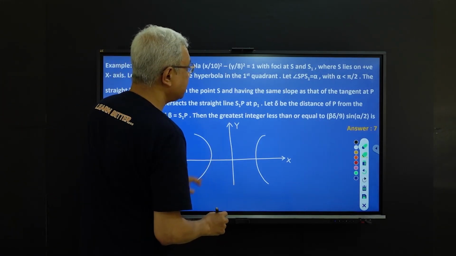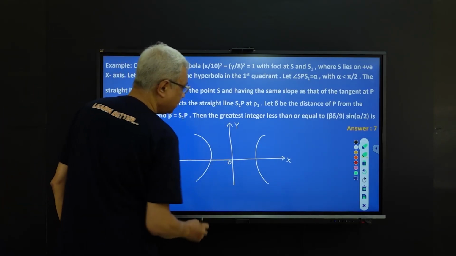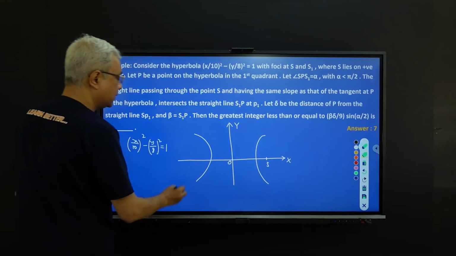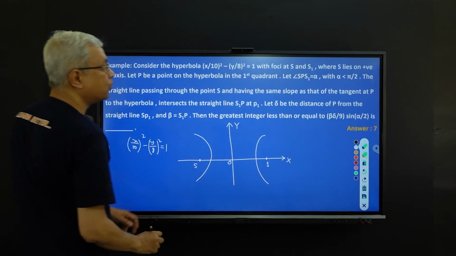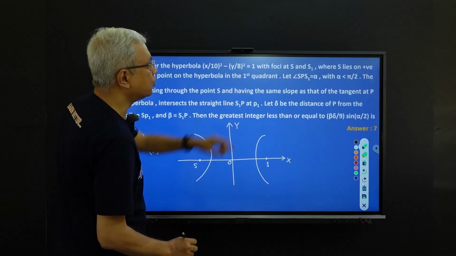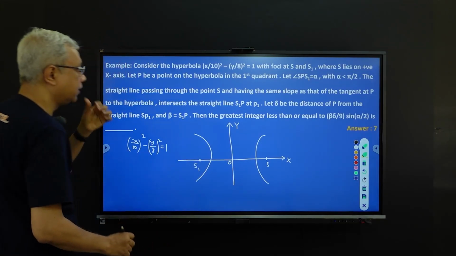Foci at S and S1, and S lies on the positive x-axis. This is the origin, and therefore this is S. This is one focus, this is another focus, S1.